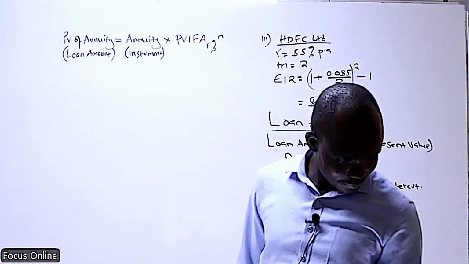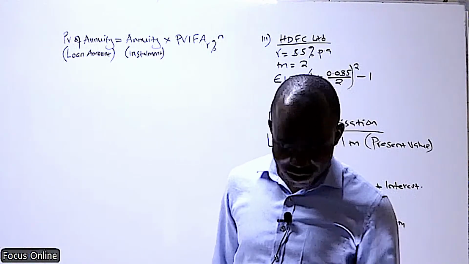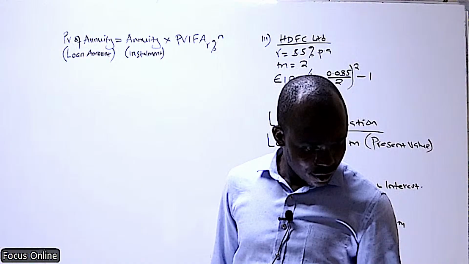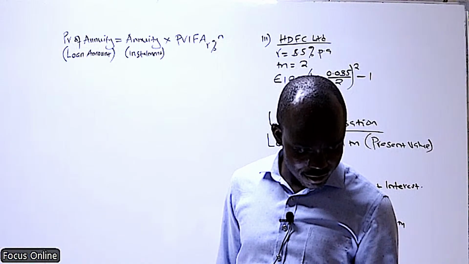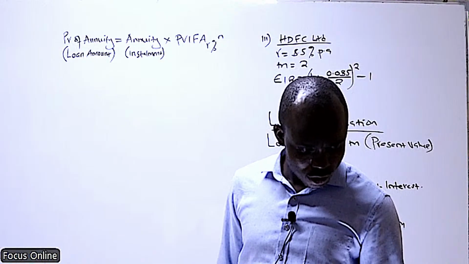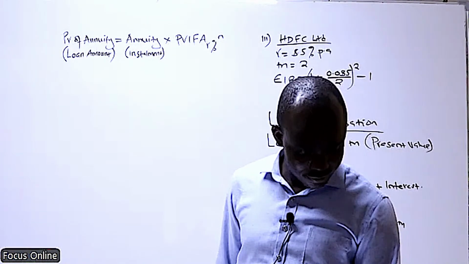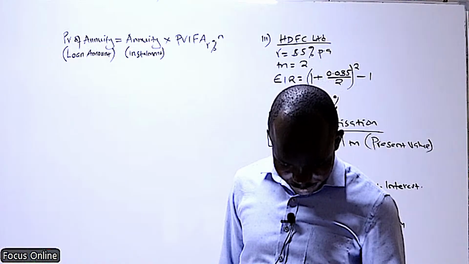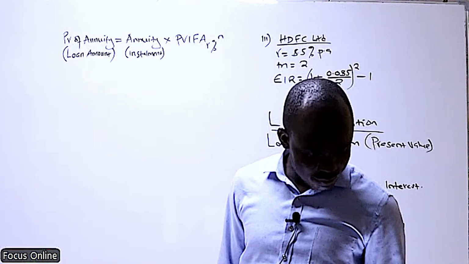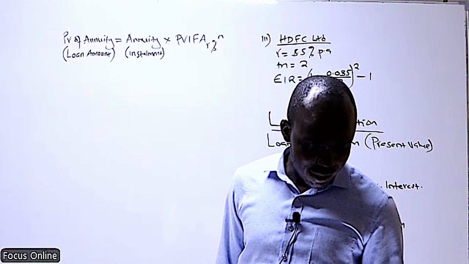So you can say a loan amortization schedule shows the interest charged for each period, installments paid, and the balance outstanding at the end of each period.